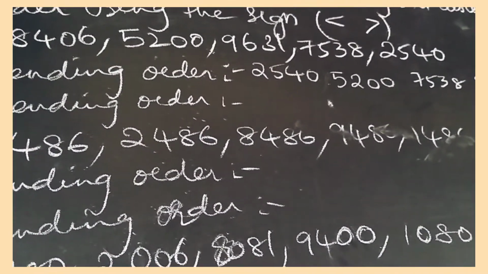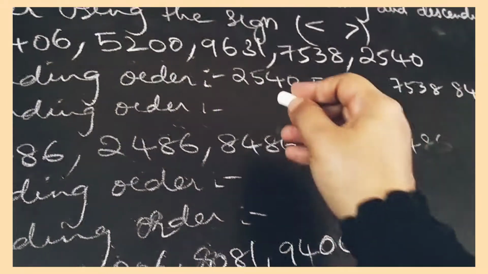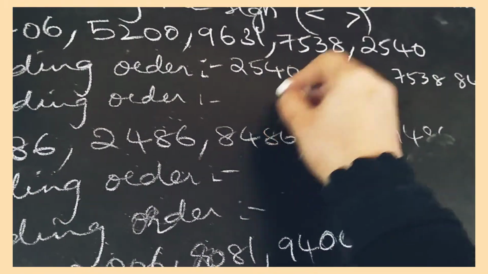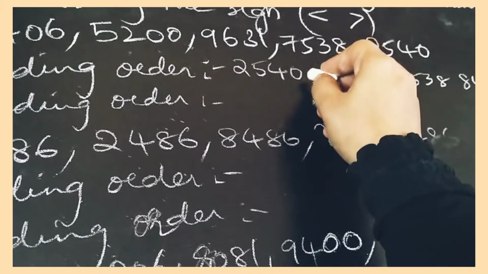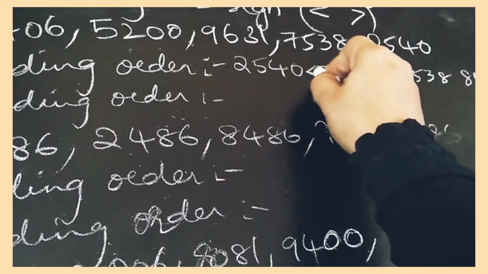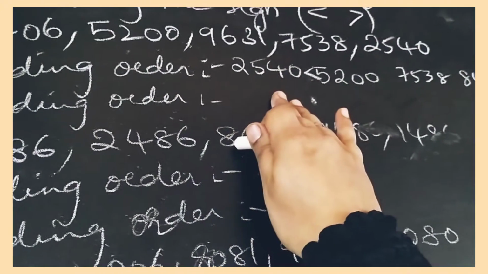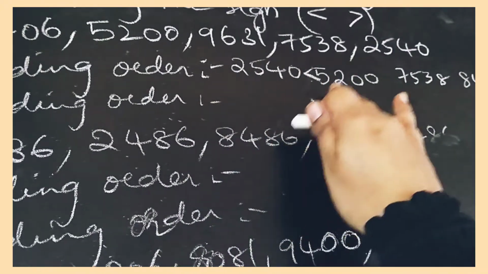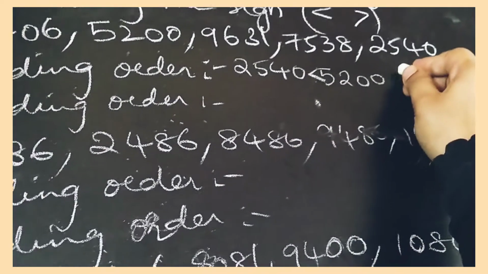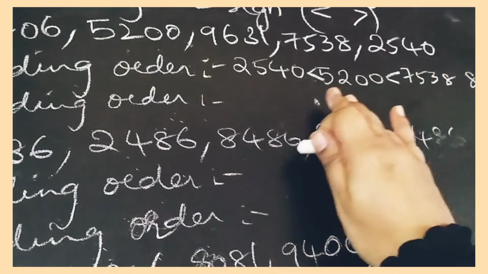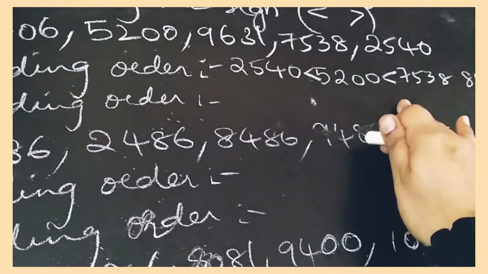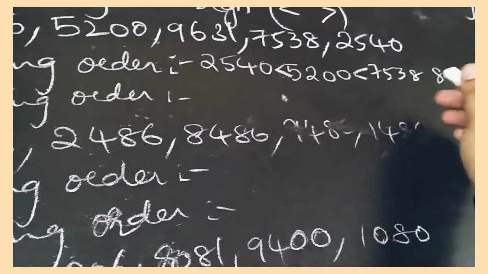What do you have to do for the ascending order symbol? You have to take this symbol. So 2540 is less than 5200. Then 5200 is less than 7538.